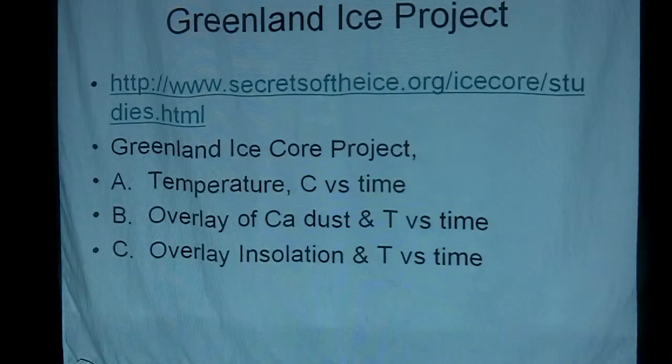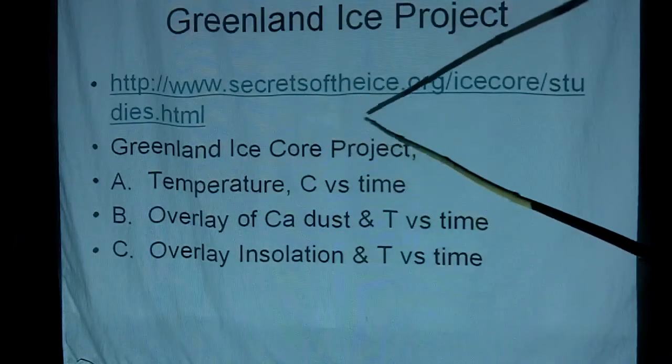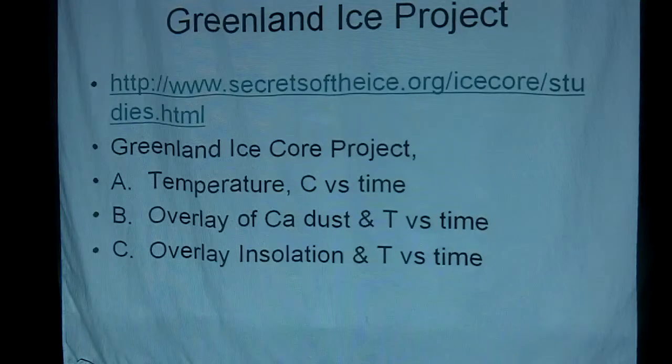Now here's another part of the Greenland Ice Project, and this URL I was fortunate to see on the internet, and I got a chance to download all this data. But I have to hasten to add that this URL no longer exists on the internet, at least.